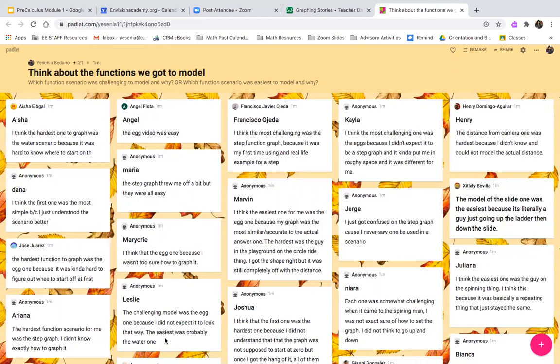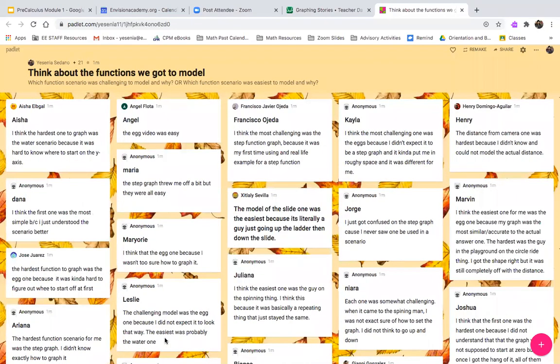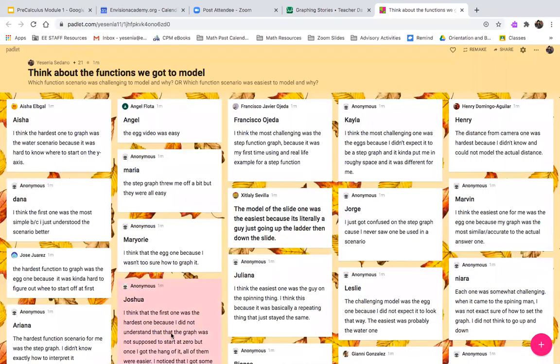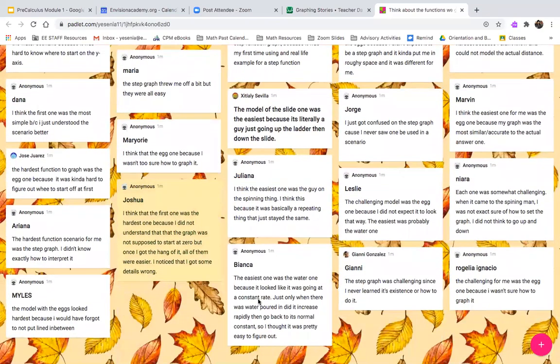Awesome. All right, cool. So I guess some notices for me. Some thought the egg one was easiest, some thought the egg one was the hardest. And a lot of us thought the first one and the water one were some of the simplest.